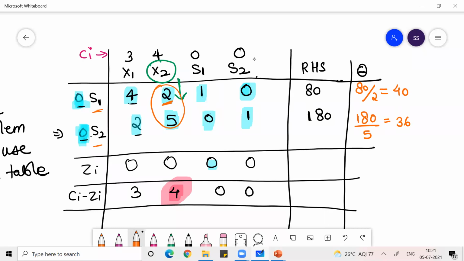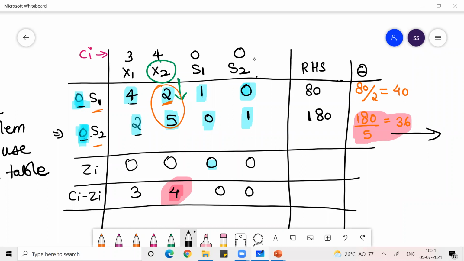We'll pick the theta which is the minimum. The variable corresponding to the minimum theta will exit the solution, and in its place the new variable will come.